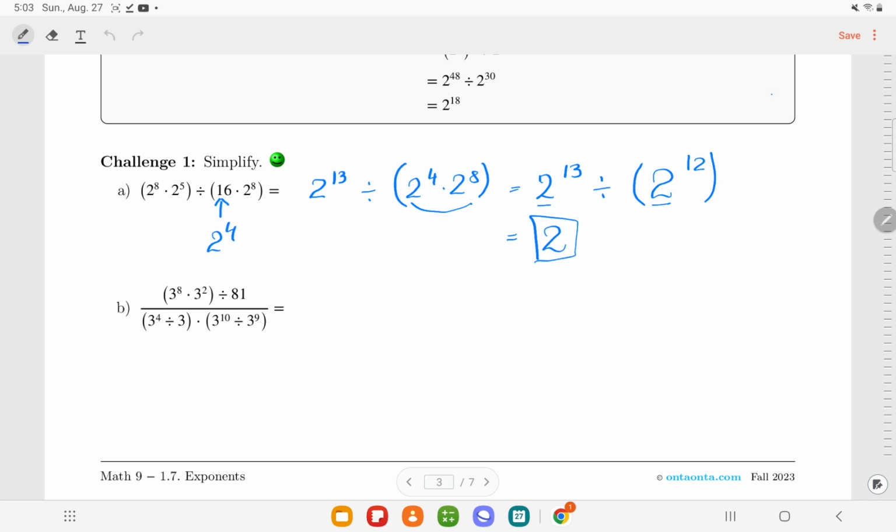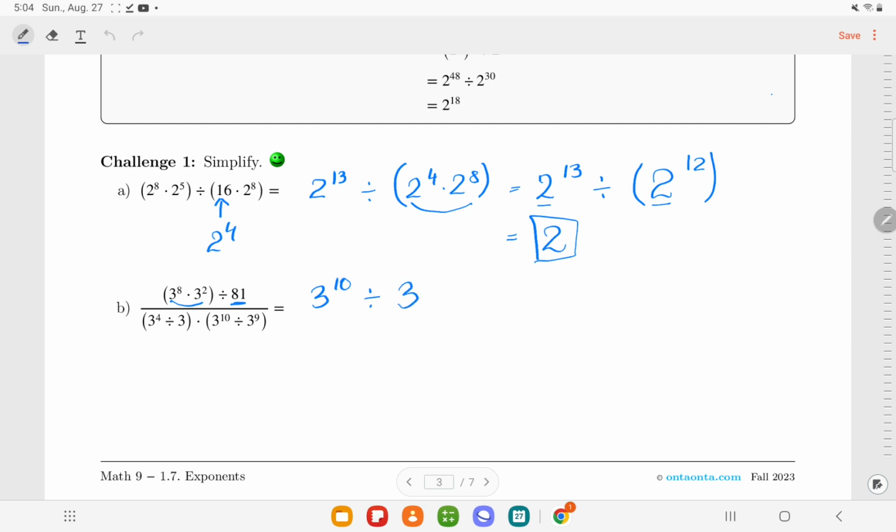And try the other challenge question by yourself first. And let's see how to do this. So here is multiplying powers, same base, keep the base, add the exponents. We want to rewrite 81 as a power with base 3.